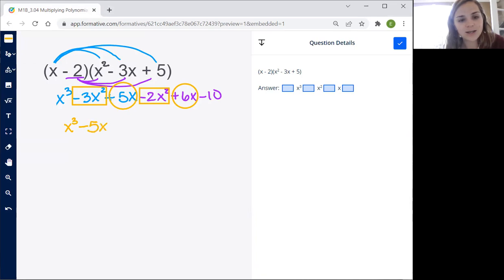Make sure you're adding the coefficients and keeping the same exponent. Then 5 and 6 is 11x. And lastly, negative 10. So if you put that in here, that'd be 1, negative 5, positive 11, and negative 10.